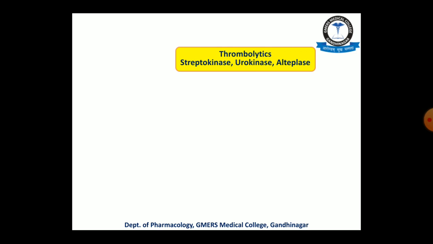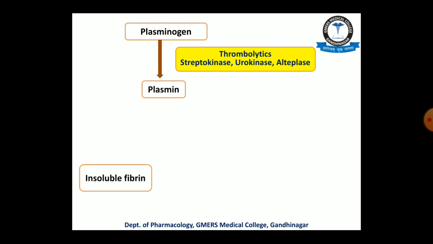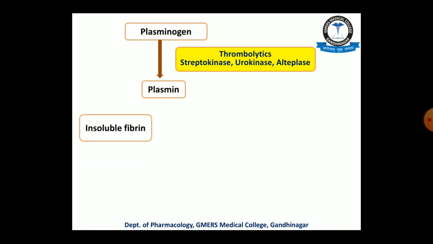These are streptokinase, urokinase, and the recombinant tissue plasminogen activator, that is alteplase. Now, what the thrombolytics do, as the name suggests, is cause lysis of the thrombi. They act on plasminogen and convert it into plasmin, and this plasmin acts on the insoluble fibrin polymers and converts them into soluble fibrin fragments, which can be easily broken down. That is how thrombolysis occurs.